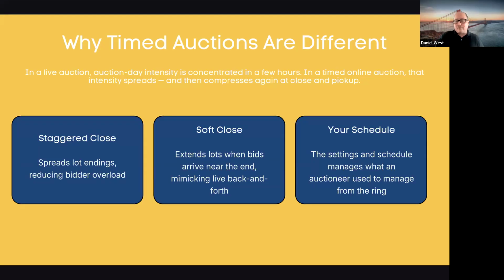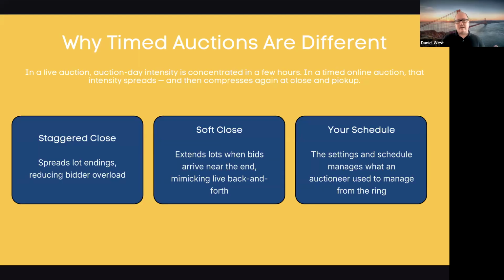The soft close feature is also known as extended bidding, and this is where the time left on any particular item will be extended, or even a group of items will be extended, if there's a lot of bidding activity towards the end of the auction. There are different rules you can set up, at least within the AuctionMethod software platform, related to soft close, about when it happens, how it happens, all of that.